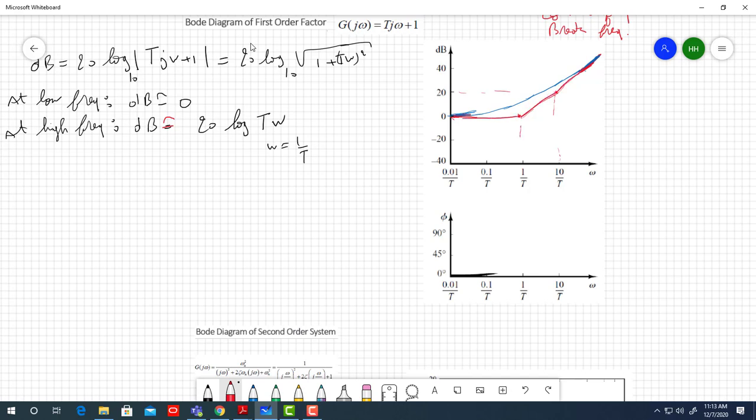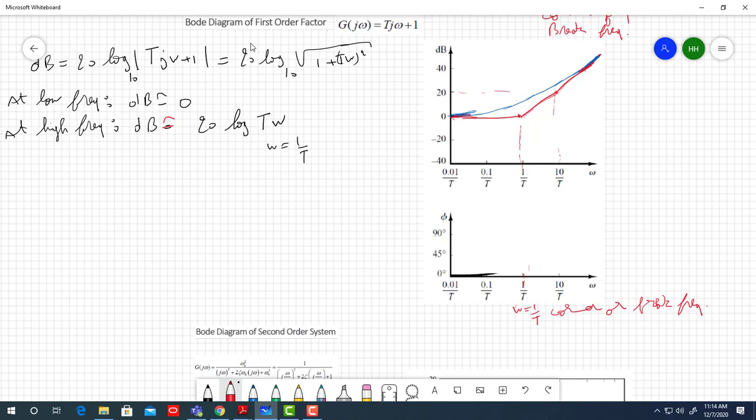The two asymptotes cross at 1 over T, which we again call the corner or break frequency. Yeah, basically that's it. And the error here is, as we said previously, around 3 decibel, as we said in the integral factor.